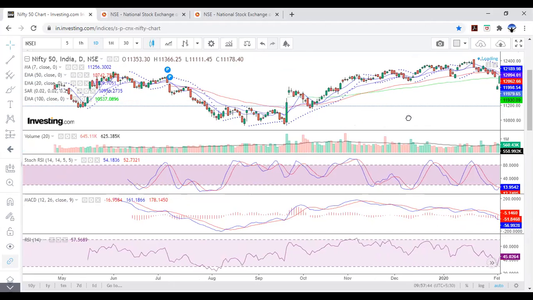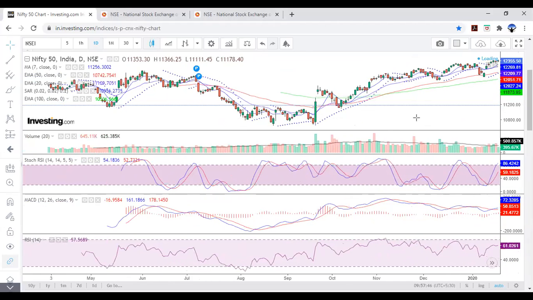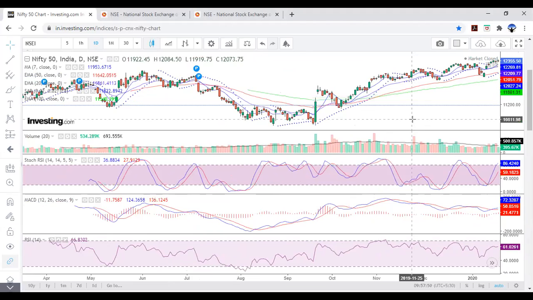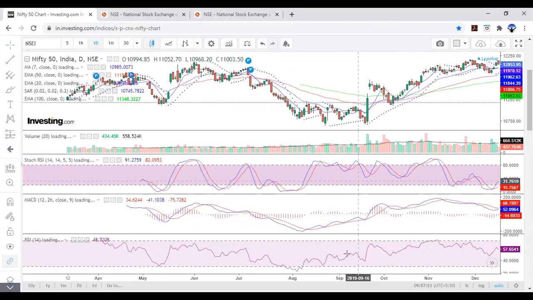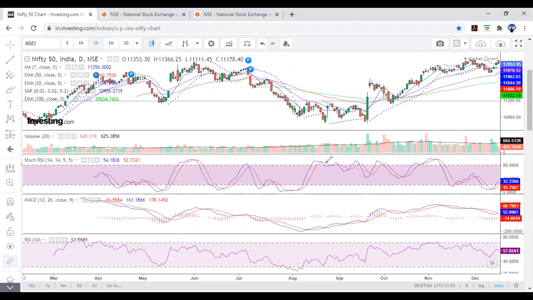For the short term period investors, you can check here. Whenever on a daily closing basis all moving averages are below the 100 moving average, then near about an 8 to 10% or 5 to 6% correction may be possible.